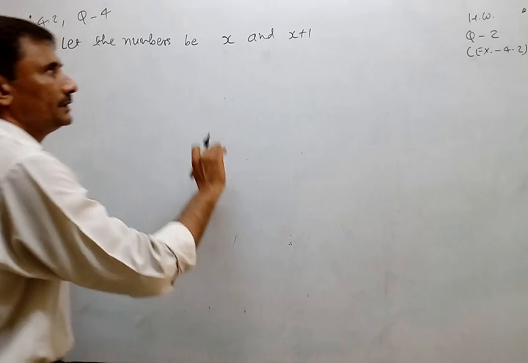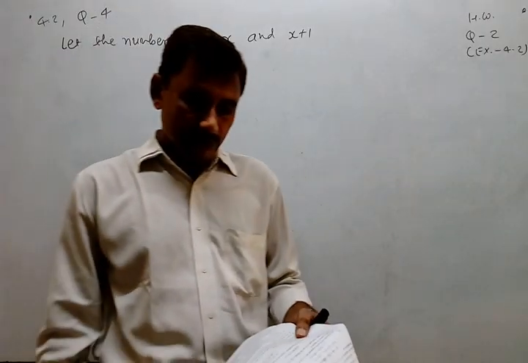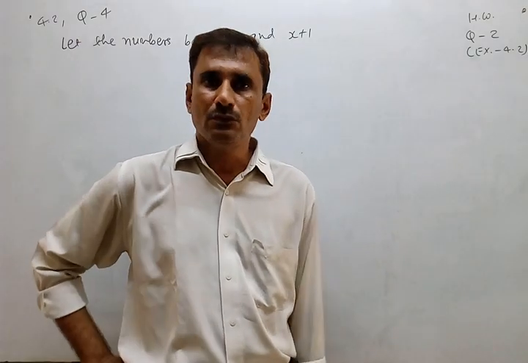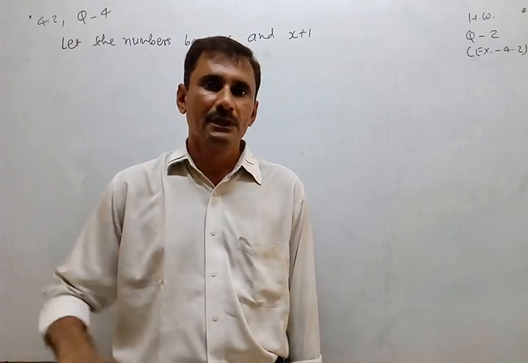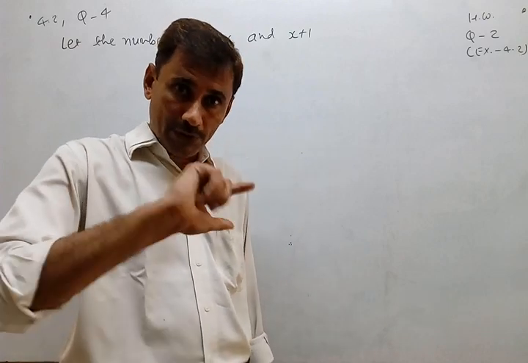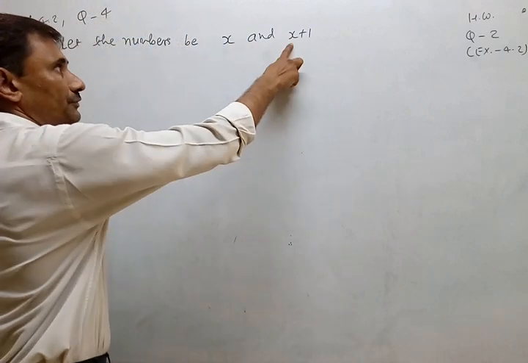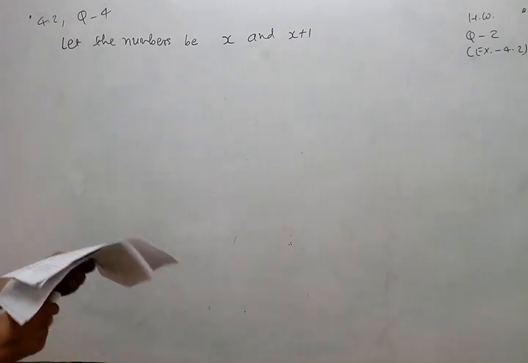Now put their condition. The sum of whose squares is 365. You understand? Sum of not the numbers, sum of their squares. So you have to make the square of both and then add both of them so that it becomes 365.